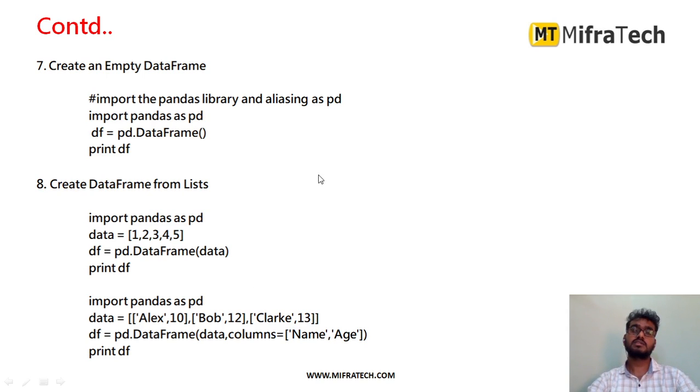I can change the column names in the data frame: the first column name I have given as name, the second one is given as age. When we print this data frame, we are going to get name and age. In the name column we are going to get Alex, Bob and Clark. In the age column we are going to get values 10, 12 and 13. That will help us visualize our data in a convenient manner.